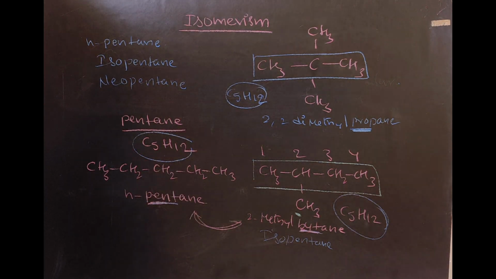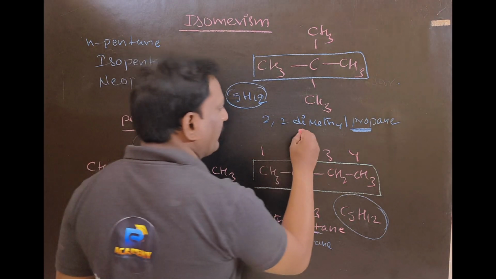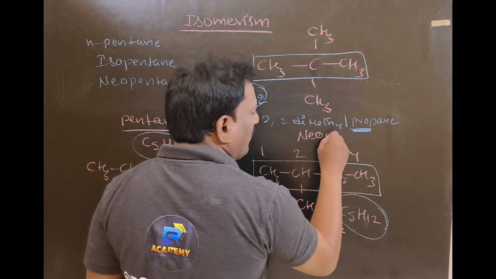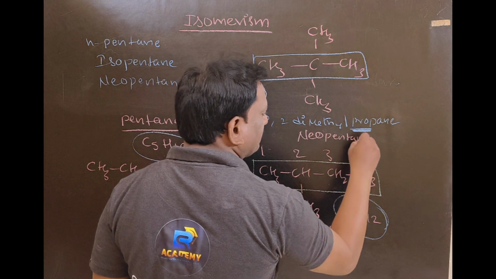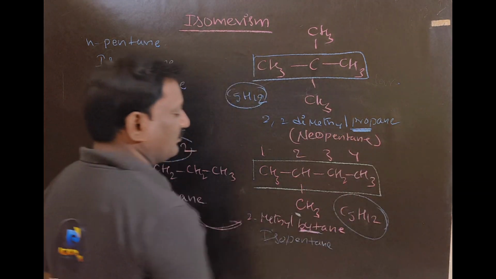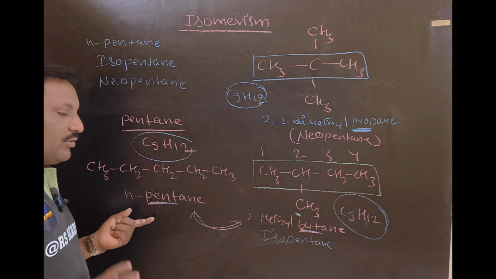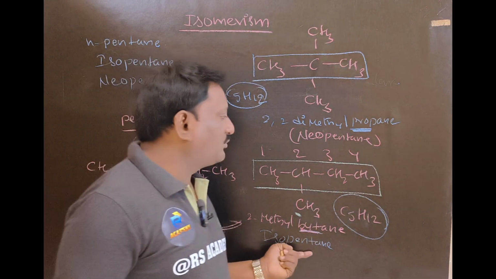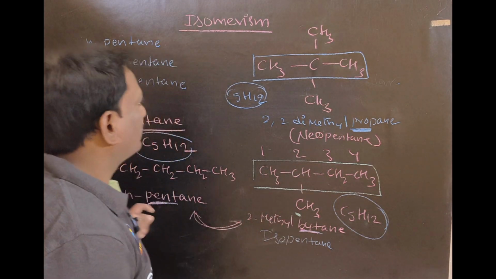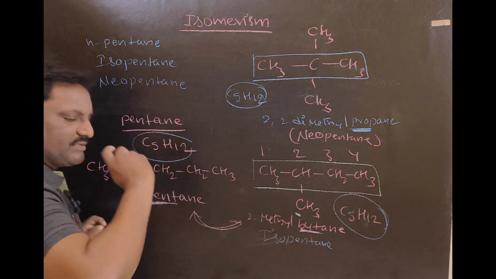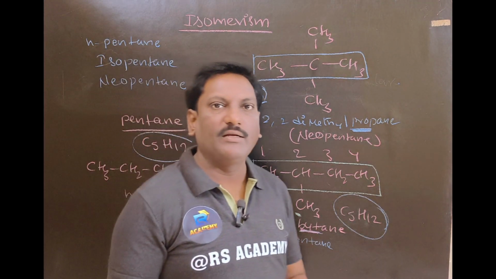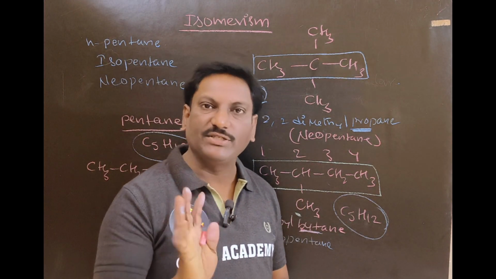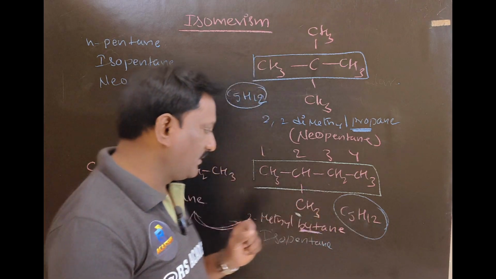Please make a note: n-pentane, isopentane, neopentane. These three structures have the same chemical formula but differ in their parent chain.